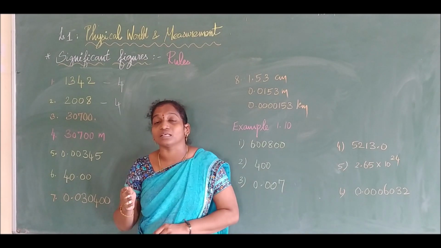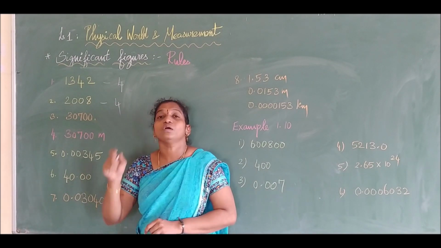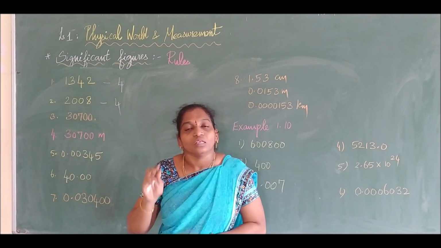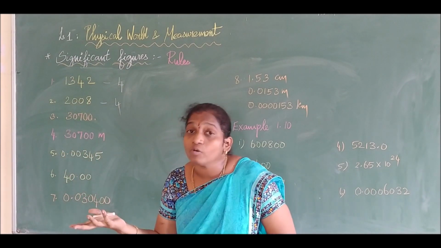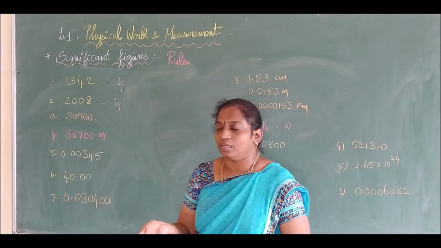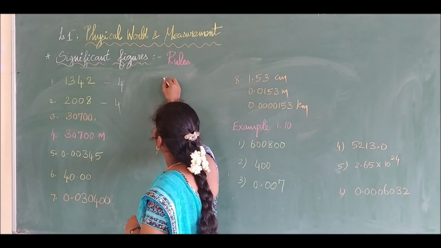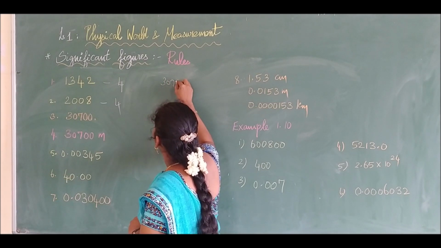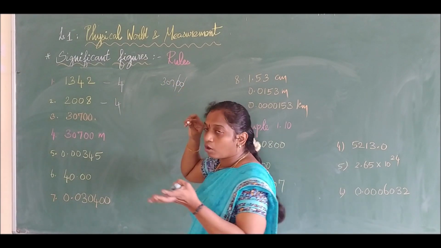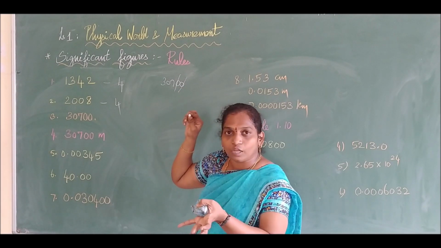So the trailing zeros with the decimal point are significant, and without the decimal point they are non-significant. If the same number is given like this, 30700 without the decimal point, the 2 zeros are not reasonable or not meaningful.